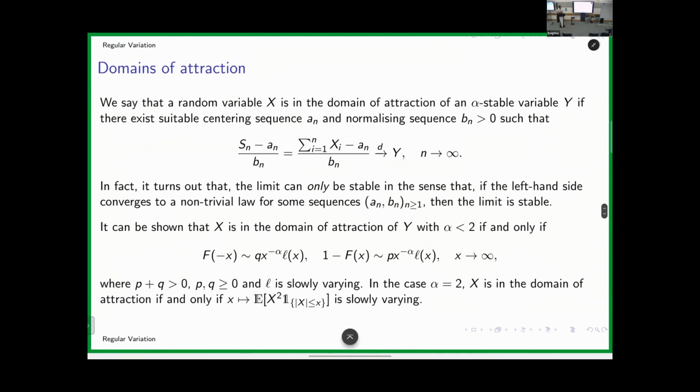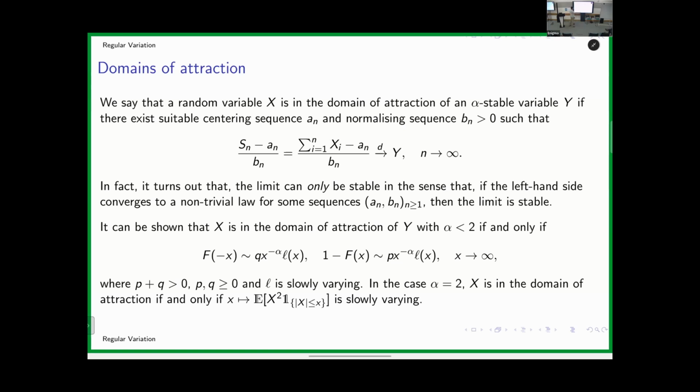In fact, for convergence to a stable distribution, it is sufficient and necessary that your tails behave like this. Here I'm taking x to infinity. This one refers to the negative tail, and it should behave essentially like x to the minus alpha, times a slowly varying function, and some coefficient in front that we'll call q.